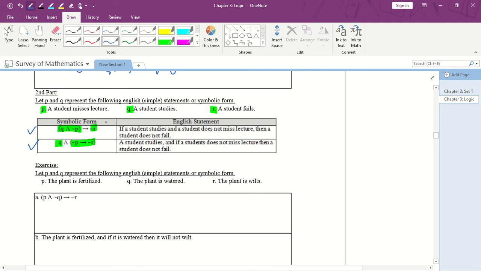So remember, Q is the student studies. So here, because we have an arrow here, we need to remember that it always starts with if a student studies and a student misses lecture, and since we have a negation here, a student does not miss lecture. Look at here, there's a comma here, comma, then a student does not fail.